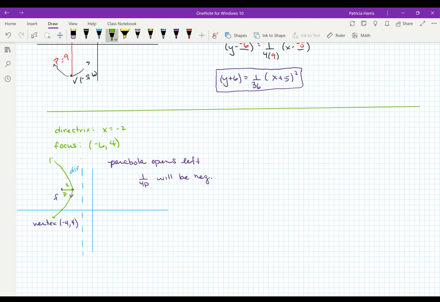But that's enough to know what I need. So it opens left, and now it's just a matter of negative 4, 4, and then 2. So my final equation, let's make it look pretty.